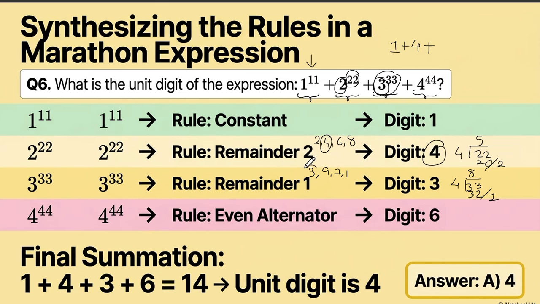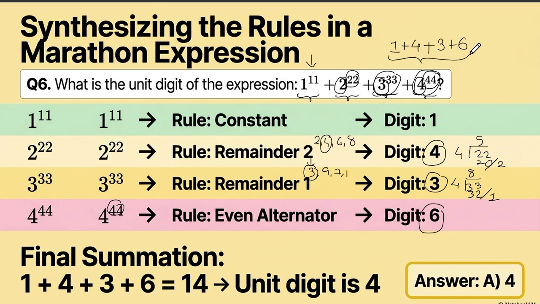We want the first digit, that is 3. So the unit digit of 3 raised to 33 is 3. Plus 4 to the power 44. 4 is the base, so look at the power. The power is even. Whenever 4 is the base number and the power is even, our unit place is directly 6. For odd it is 4, for even it is 6.